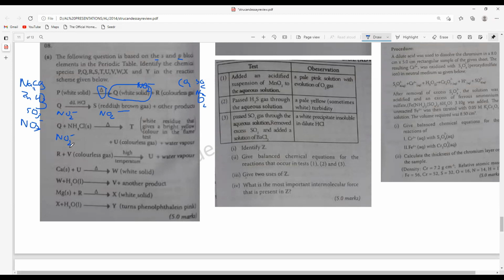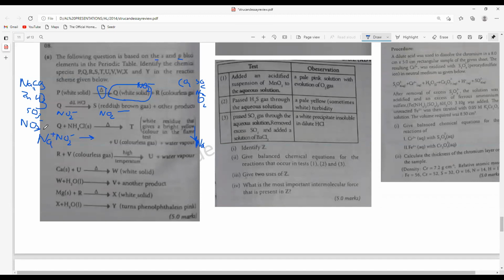When reacting with ammonium chloride, it forms T, which gives a white residue that shows a bright yellow color in the flame test. What element gives bright yellow color in the flame test? It should surely be sodium, so this should be Na plus.